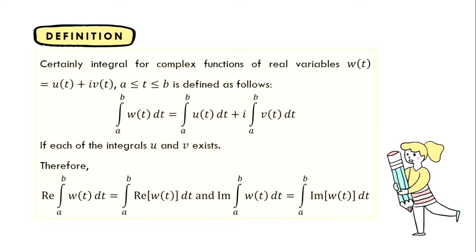Therefore, the real part of the integral of w(t) dt from a to b equals the integral of the real part of w(t) dt from a to b, and the imaginary part of the integral of w(t) dt from a to b equals the integral of the imaginary part of w(t) dt from a to b.